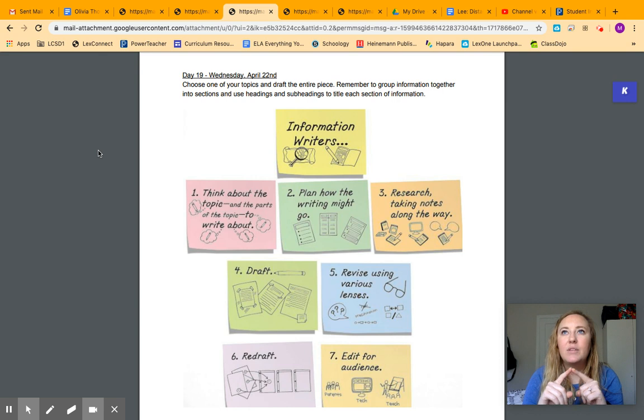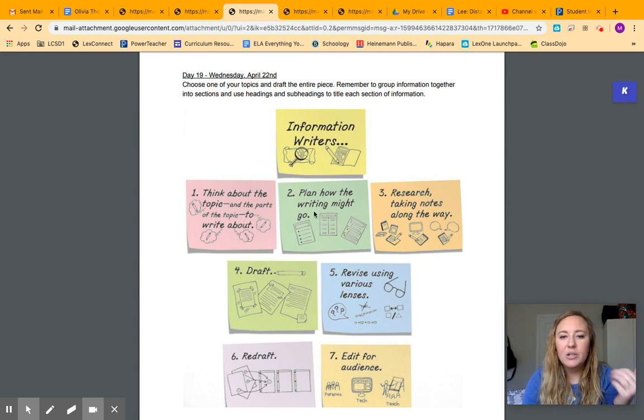So if you are writing about an athlete, you might have a section about them growing up, a section about their best stats, and a section about what they're doing today. I wrote about alligators when we did it as a class. So I had a section about what makes them different from crocodiles, what alligators eat, and something like fun facts about alligators. So make sure you're dividing up your information.